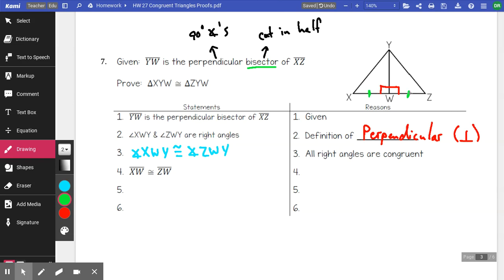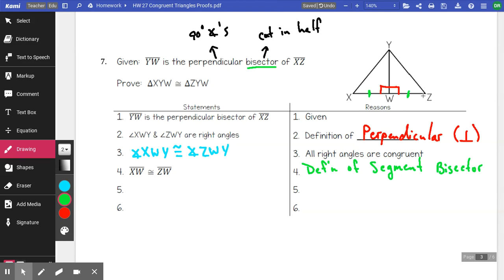And so the reason to know that these two segments are congruent is because of that word bisector. And so we would put definition of not angle bisector because these are not angles. So we put segment bisector instead. So it's two pieces of information we know to be congruent.